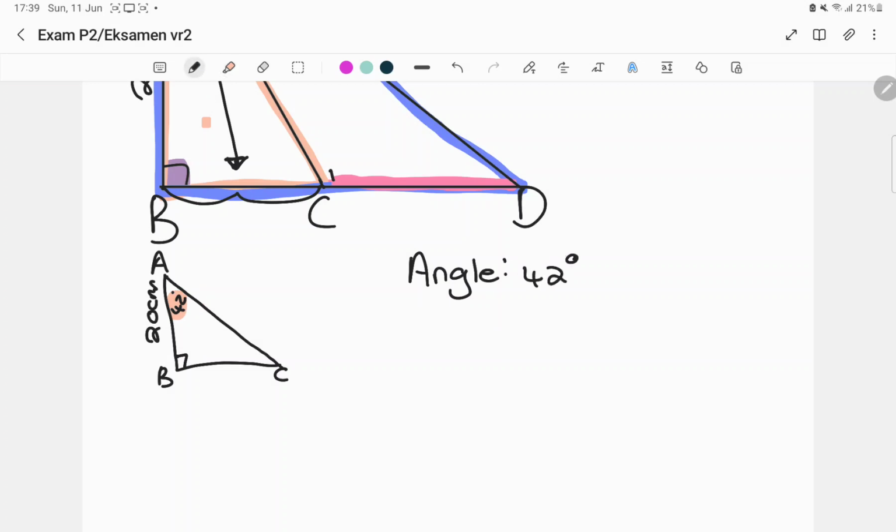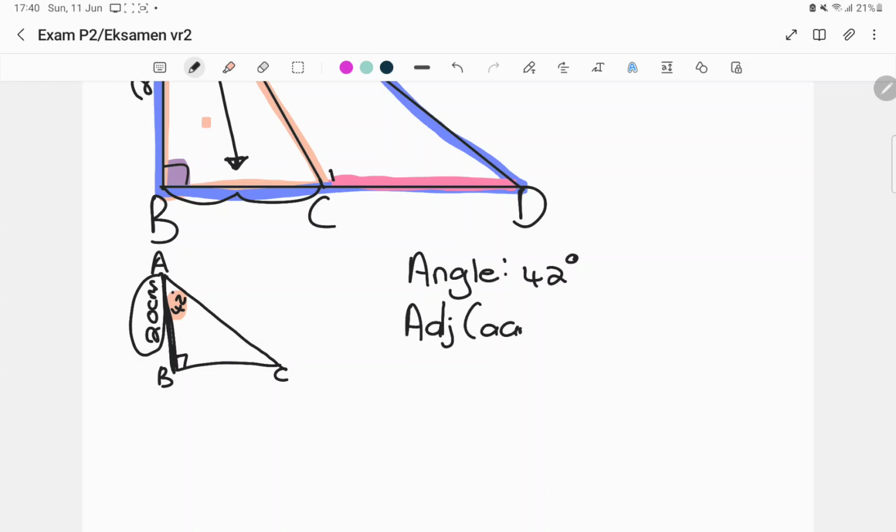Now looking at the angle I have, let's see which sides do I have. I have this 20 centimeters. What will that 20 centimeters be? Will it be my adjacent, my opposite, or my hypotenuse? The fact that it is touching the 42 degrees means that it's an adjacent side.